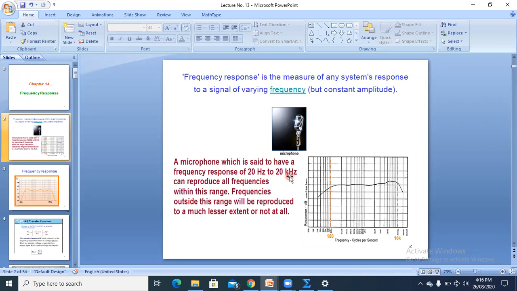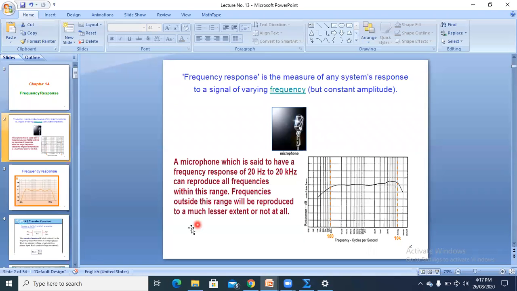With the ratio of these, we can find the frequency response of the circuit. So in either way, you can determine the frequency response of the circuit.